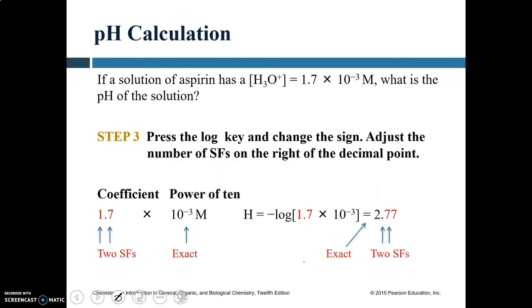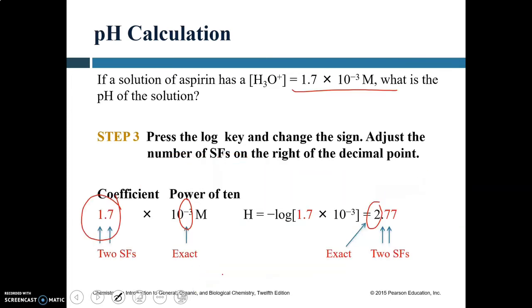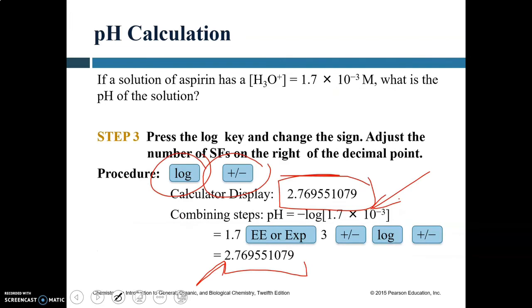In the original concentration of hydronium ion, we have 2 significant figures. This is an exact number, which means the number to the left of the decimal point is exact, and it's 2, and the number of decimal places is the same as the number of significant figures, 77. We round it up to this number.